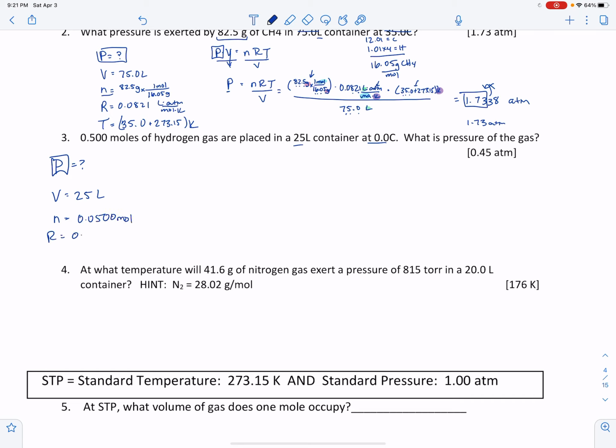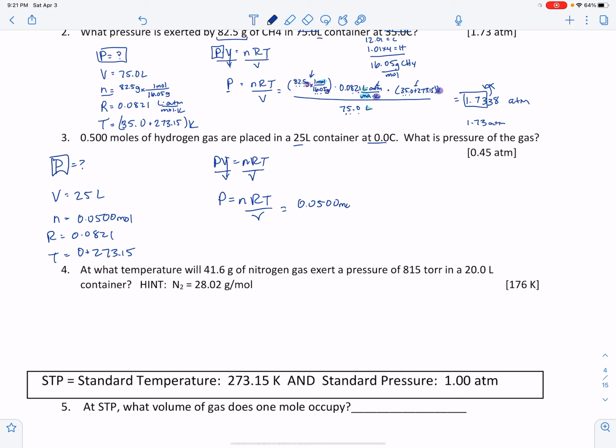R, I know, 0.0821. And T is 0 plus 273.15. So it's going to be the same rearranging, nRT, solve for P. And I just put my numbers in.